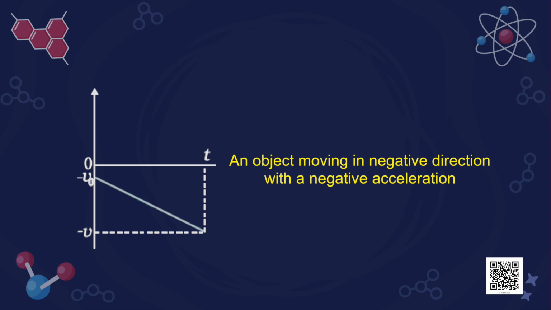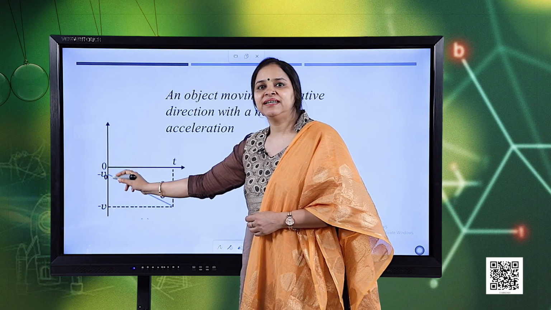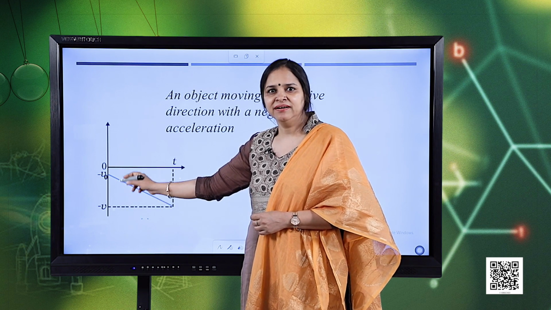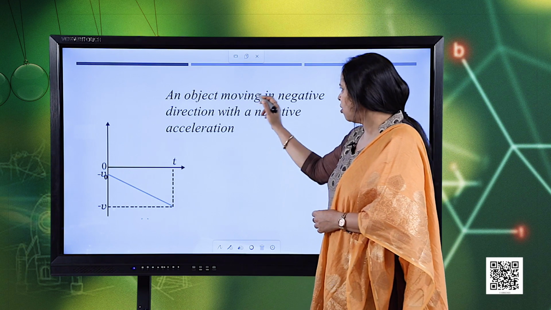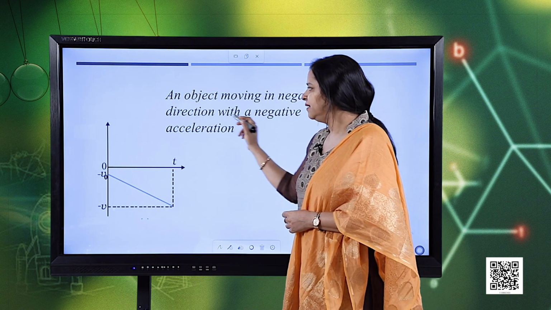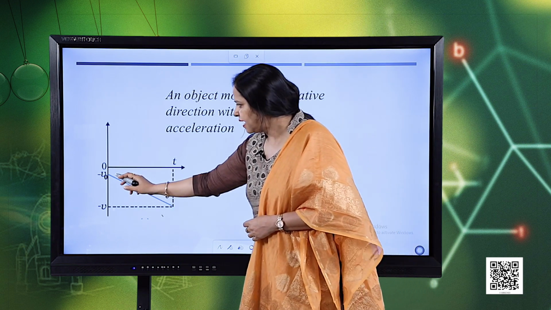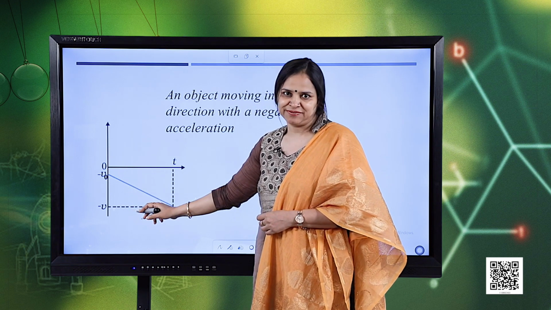Now, look at this velocity time graph. What does it represent? At t equal to 0, the initial velocity is towards a negative direction of the velocity axis. So, we can say that the velocity of the object is in negative direction and the acceleration is also negative, because we can see that with time the velocity is increasing in the same negative direction.